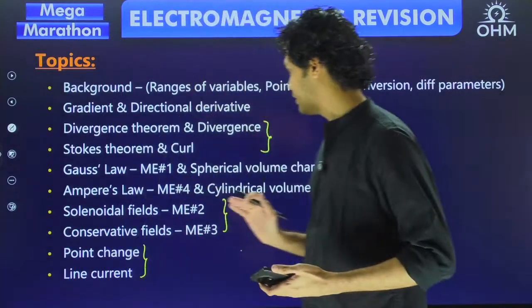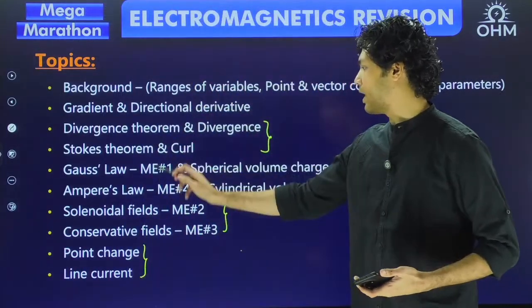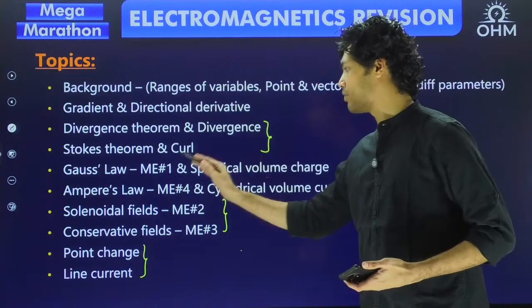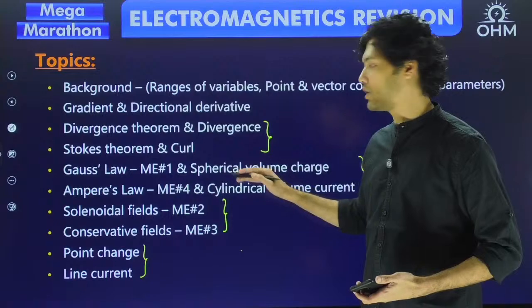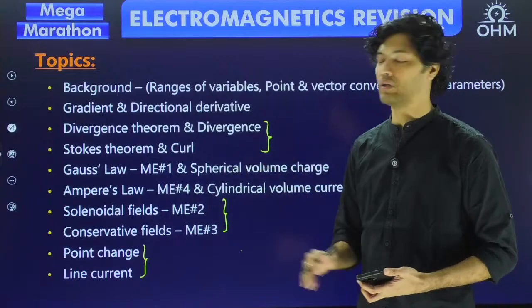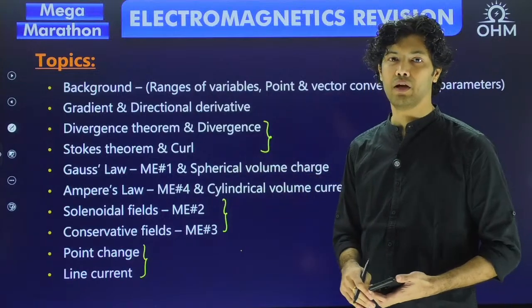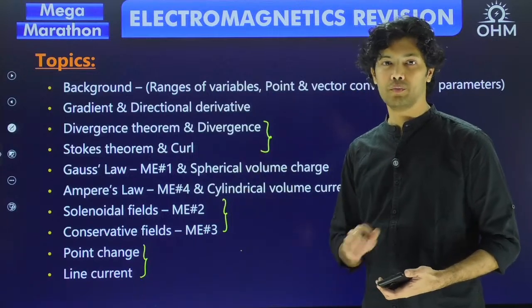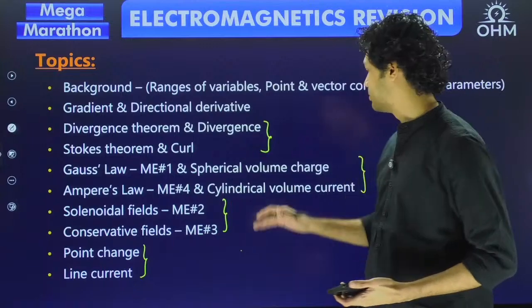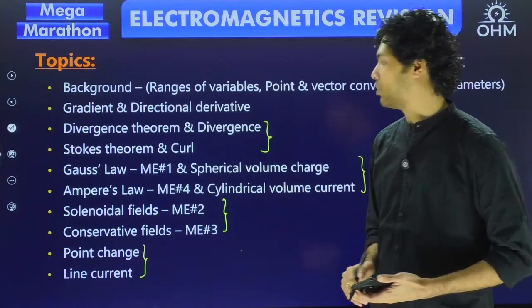Furthermore, for Gauss law and Ampere's law questions, apart from knowing what Gauss law and Ampere's law are, we have to take two important scenarios: the spherical volume charge density scenario, and the cylindrical volume current distribution scenario.